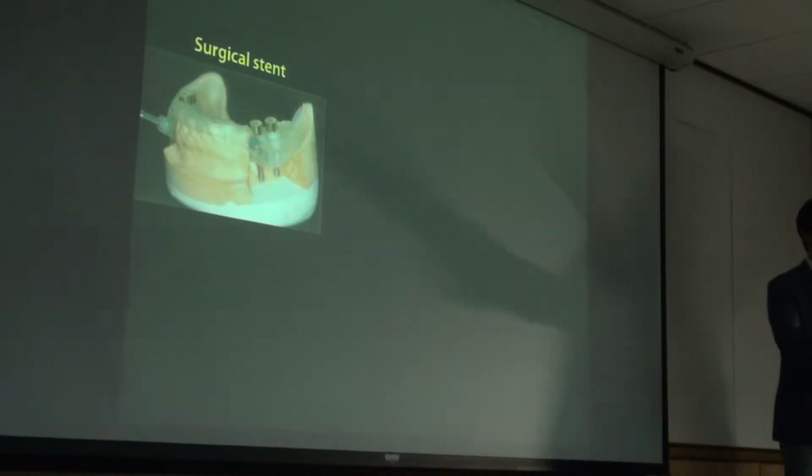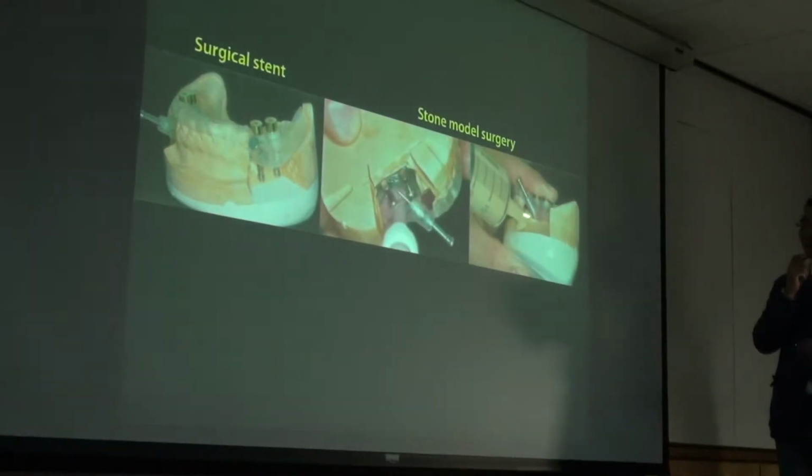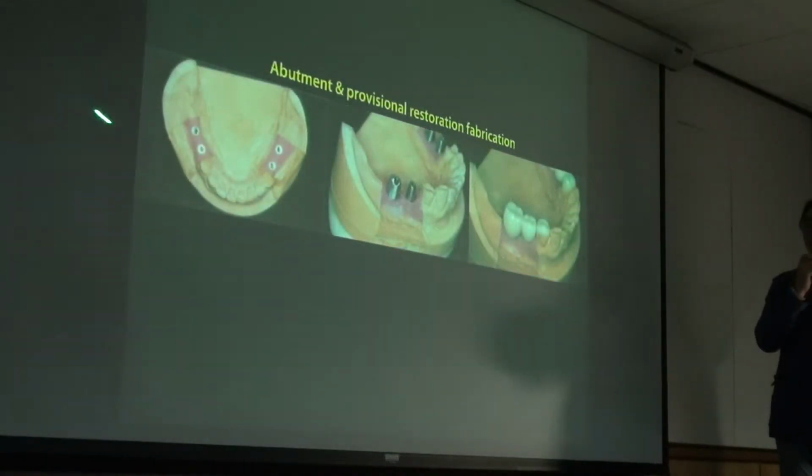Furthermore, if you need one-day implant concepts, they cut off the stone cast like this and put in a lab analog with the stone cast and pour the stone again, and make this kind of stone model, and on the model they make the prosthesis. Sometimes, actually, 5 years ago, it looked so awesome. But nowadays, it is so stupid.